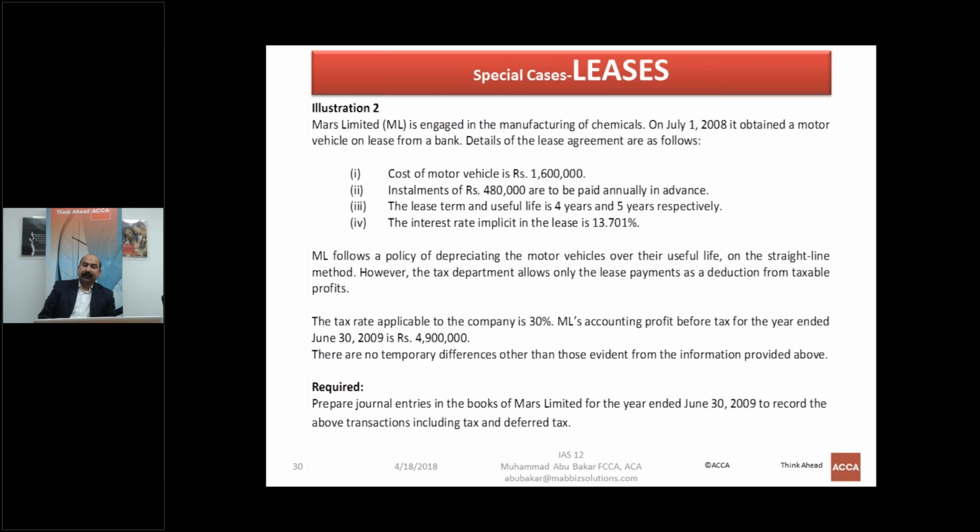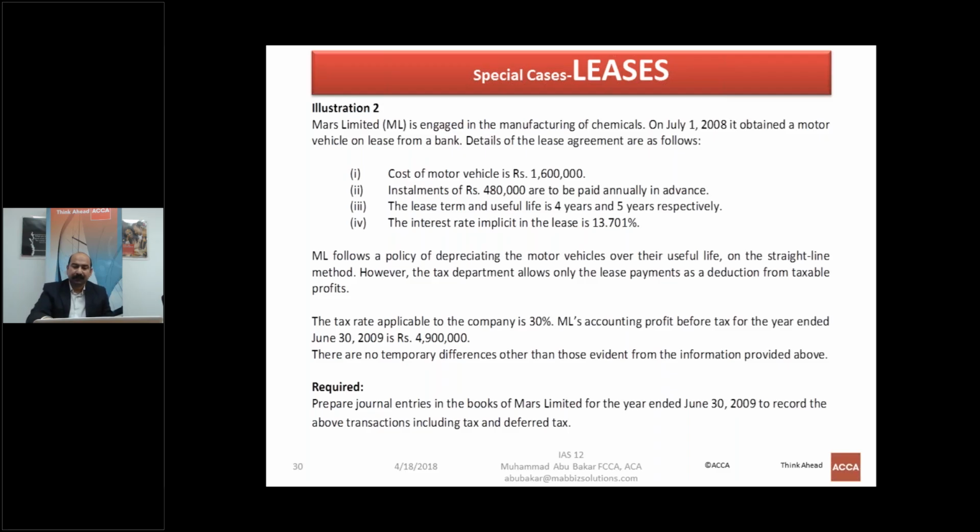However, the tax department allows only the lease payment as a deduction from taxable profits. The tax rate applicable to the company is 30%. ML's accounting profit before tax for the year ended June 30th, 2009 is 4.9 million. There are no temporary differences other than those evident from the information provided above.